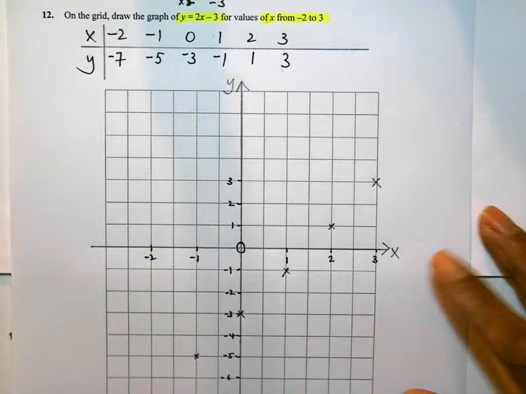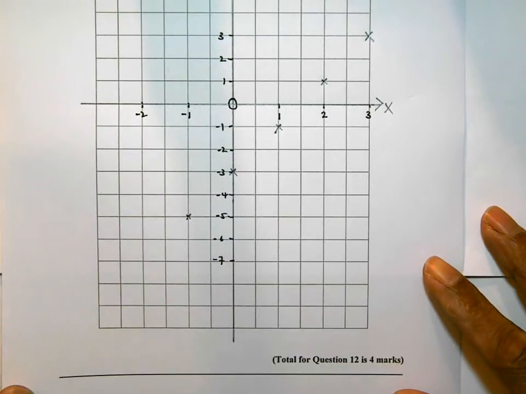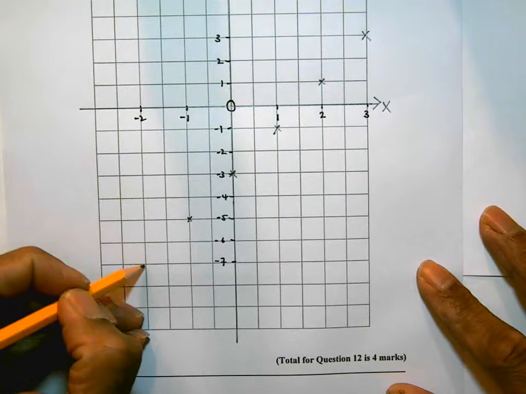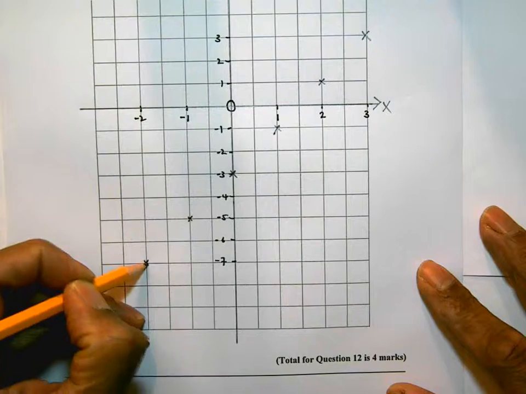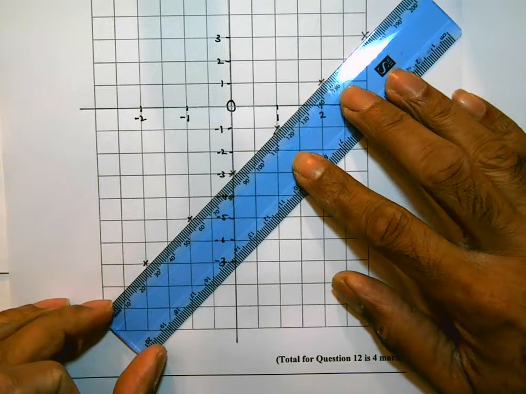So if I just move this up so you can see, minus 2 to minus 7, and there's minus 7.